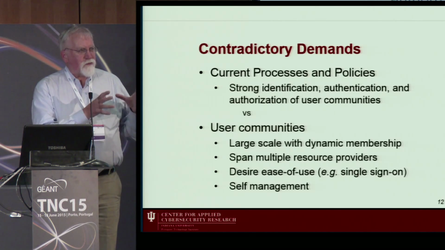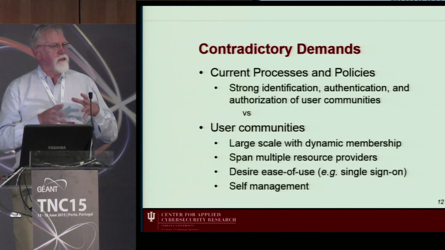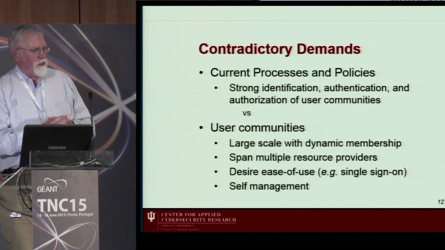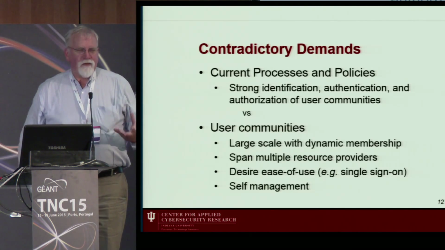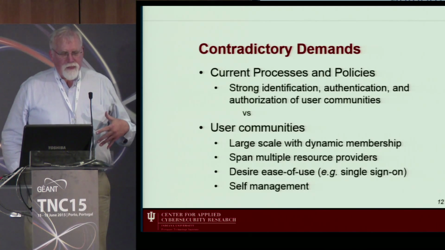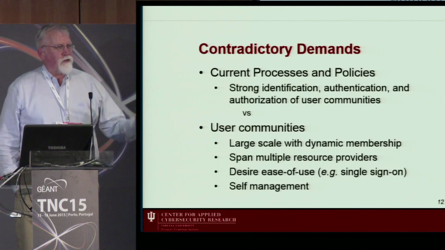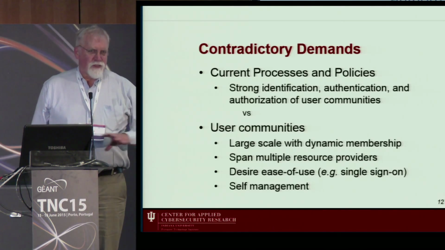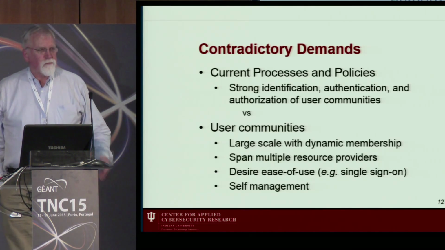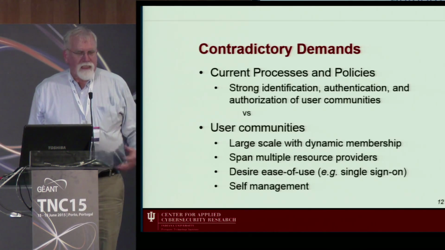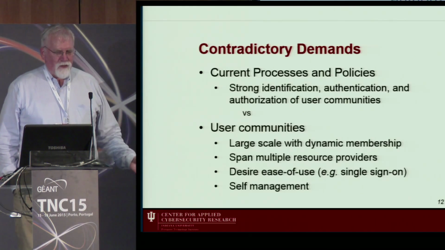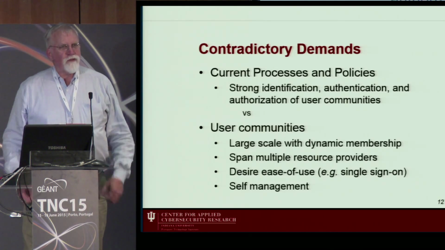So these have been in place for 20 years, and we don't see any need to change them, right? Got that kind of attitude. The user communities, we have large-scale user communities with dynamic membership, people going in and out. They span multiple resource providers. They would like to have single sign-on, and they want to be able to manage the groups themselves.